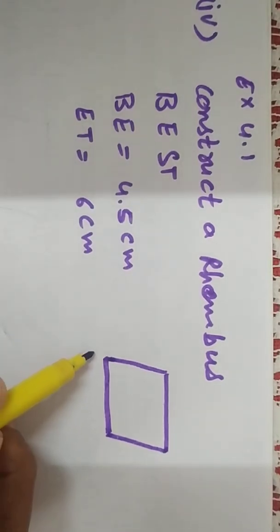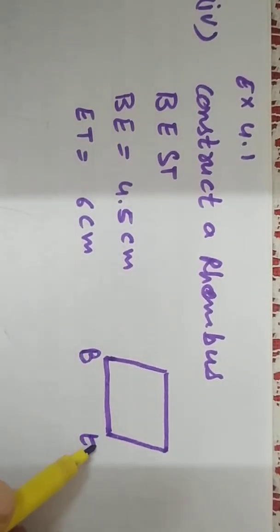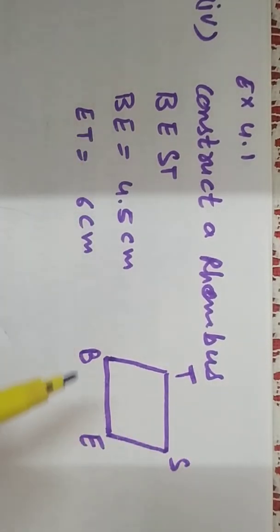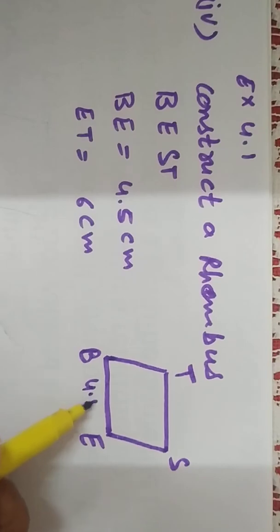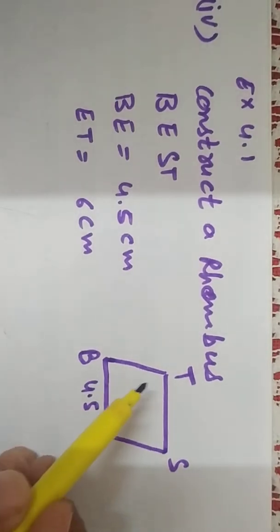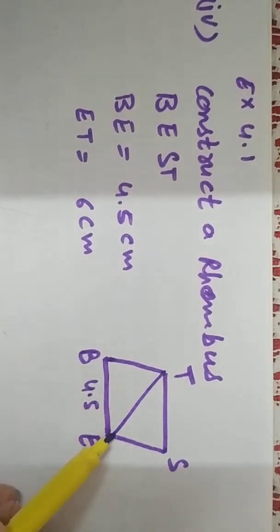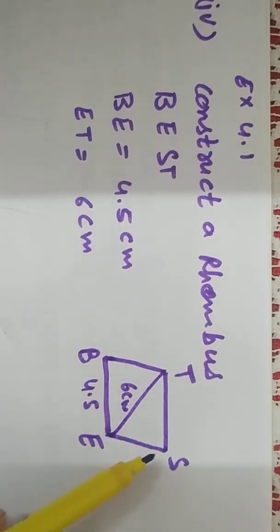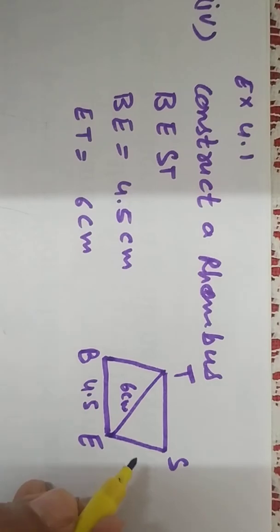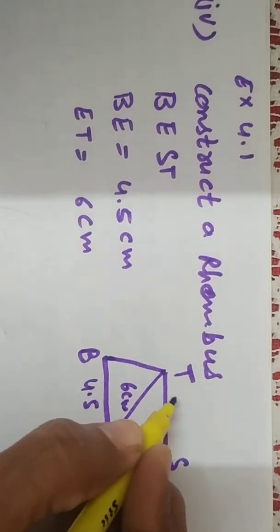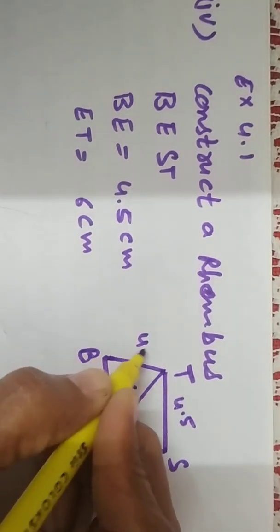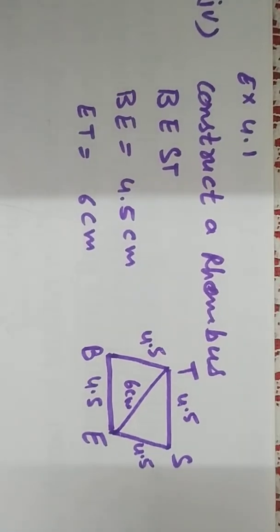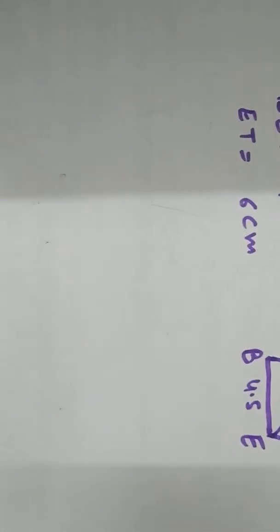So BEST will be like this. BE is given to us as 4.5 and ET is a diagonal, again given to us as 6 centimeter. So again one diagonal and all four sides are given, because all four sides will be equal to 4.5. So this is a case of one diagonal and all sides of a quadrilateral given to us.